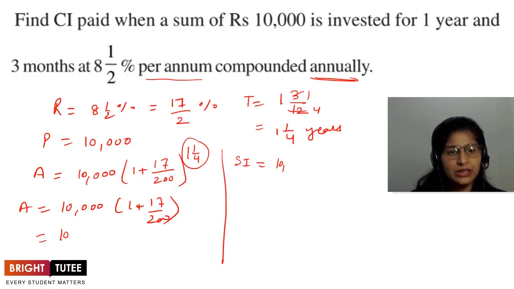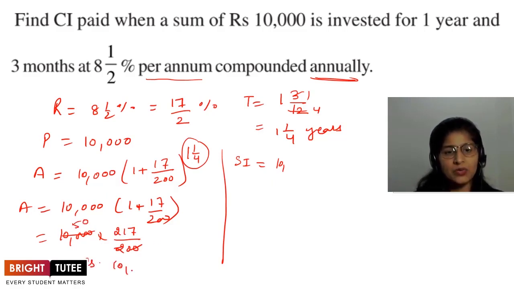We'll find it from here. 10,000 into, when you take the LCM, it will be 217 upon 200, cancelling the zeros and multiplying, solving. 2 5s are 10, 0. 217 multiplied with this, we get rupees 10,850.